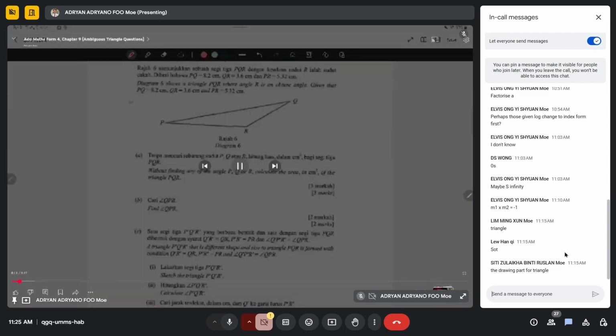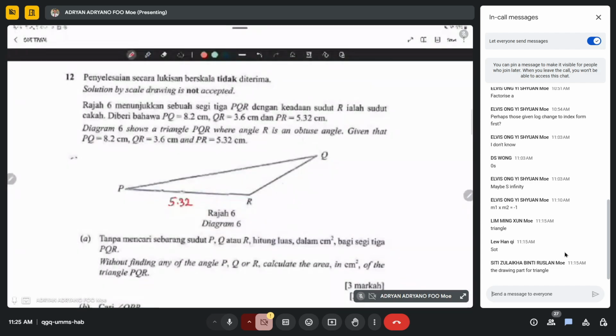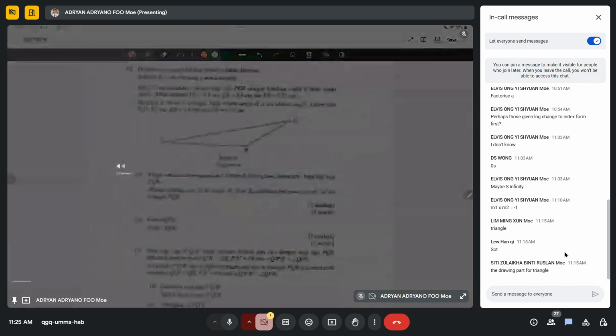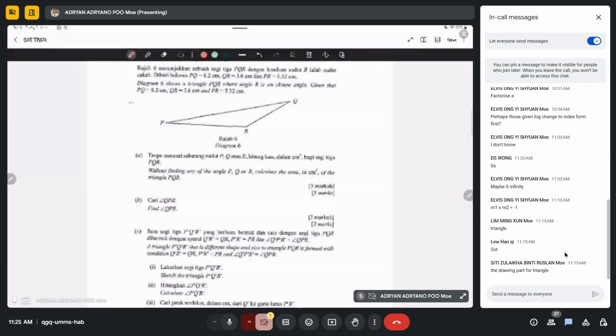It's a bit blurry, but you can zoom in. This is the triangle that we have now.